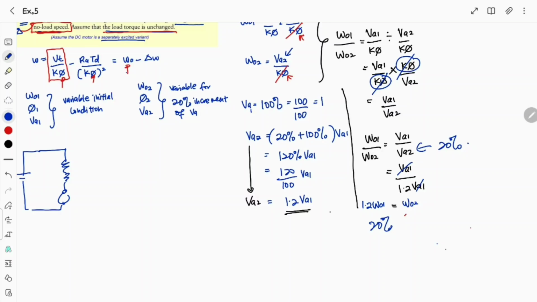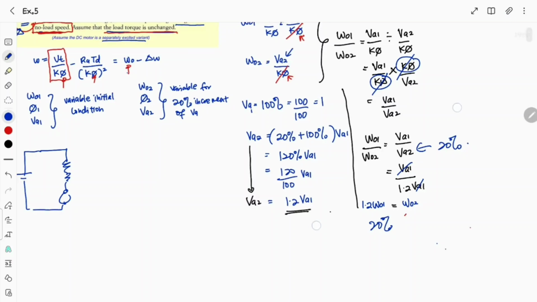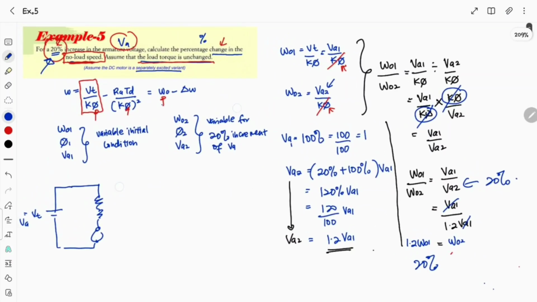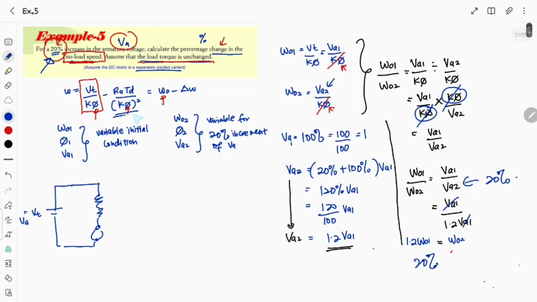Okay, how about the second term of the equation, the speed drop of the motor? Is there any change? If you can see here, when we change this one, it only affects the first term, which is the no load speed.